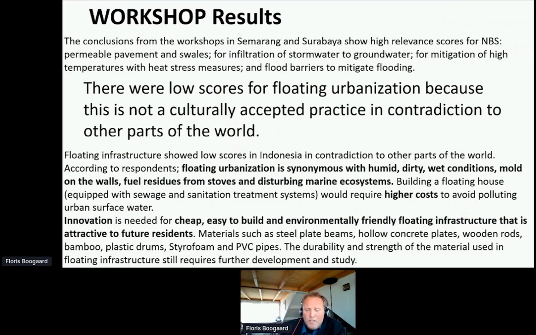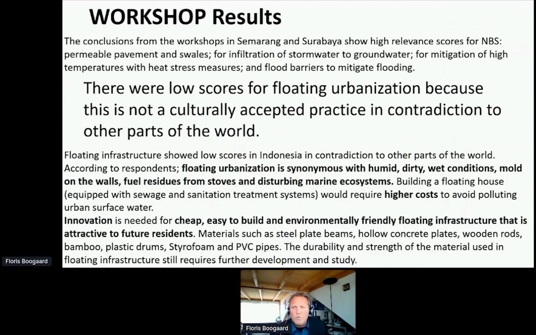Also, if you place floating buildings, one of the issues raised is that they should be equipped with sewage and sanitation treatment systems, which will have higher costs on floating structures than on land. So there was a clear need for innovation to have cheap, easy to build and environmentally friendly floating infrastructure that's attractive to future residents.